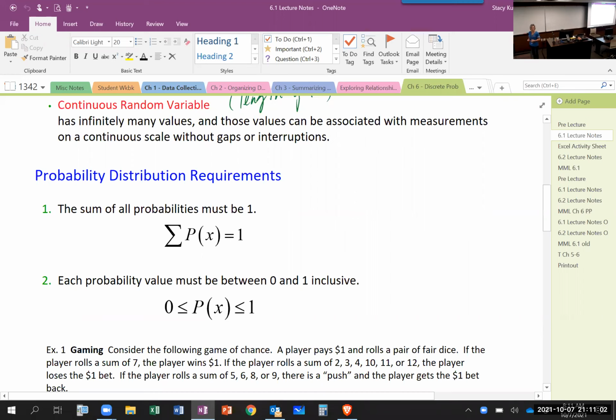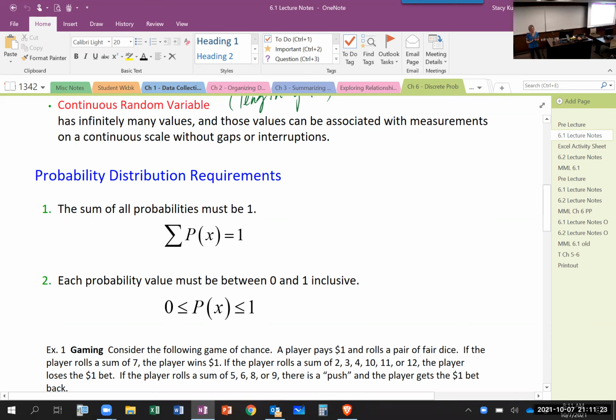Okay. Then the next rule for our probability distribution model says that each probability must be between 0 and 1, including 0 and 1. Right? So we have our inequality symbols here that have the equal sign underneath them, indicating that it's also an equality symbol.